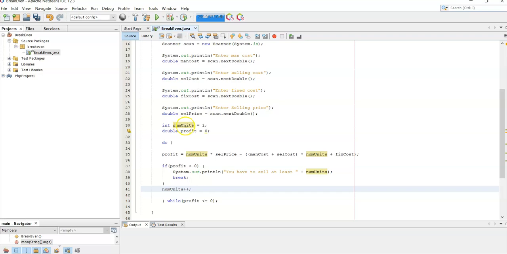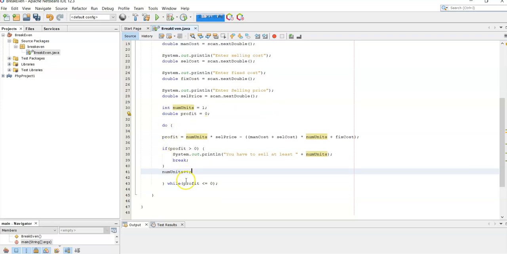At the beginning, I initialize the number of units and profit: number of units as 1, the profit as 0. So I place the do while loop here. Why? Because the program has to calculate each time if the profit is less than 0, right?